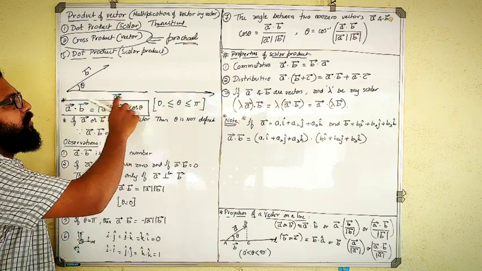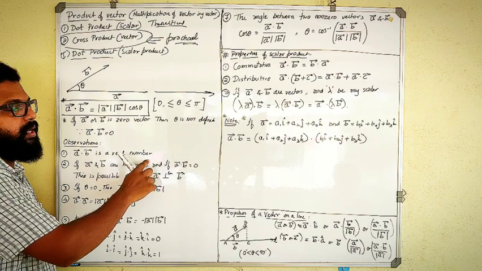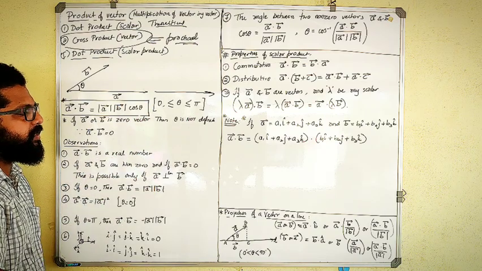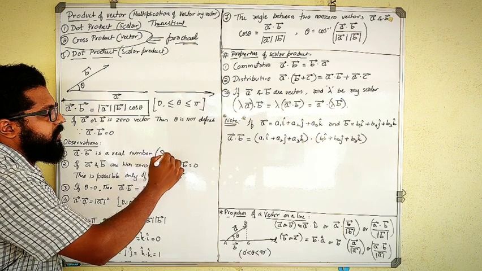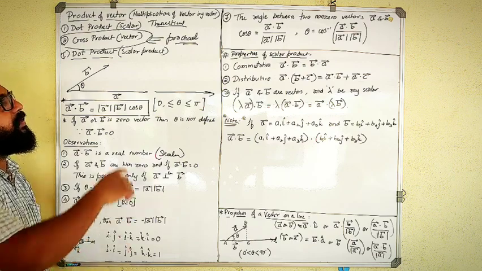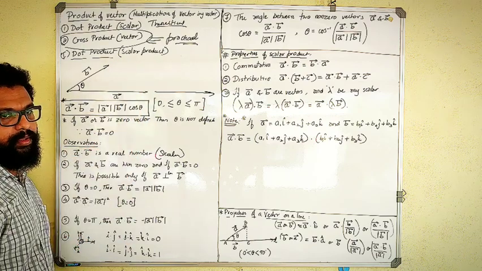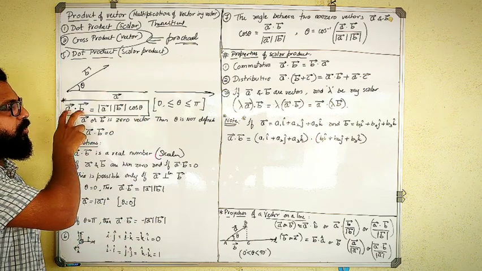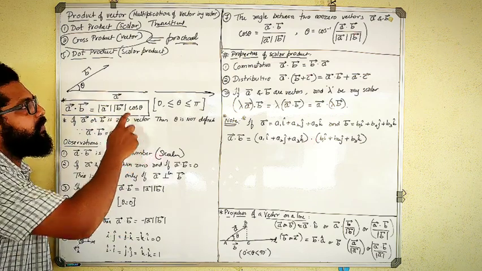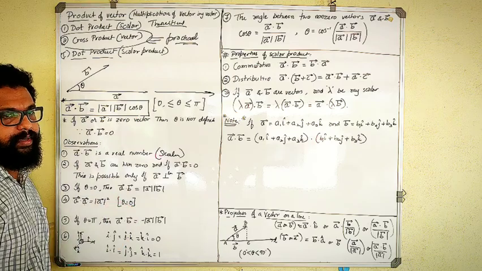So A dot B is always going to be a real number, and it is a scalar quantity. That's why the name is scalar product. When you take the dot product of two vectors, you get a scalar quantity.